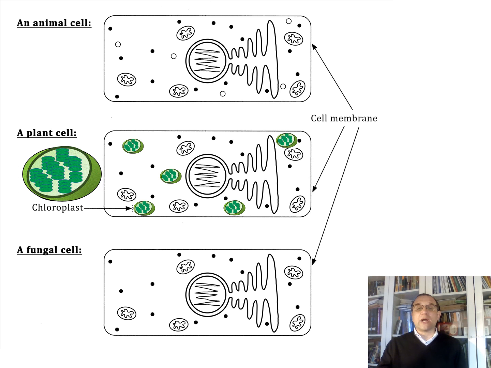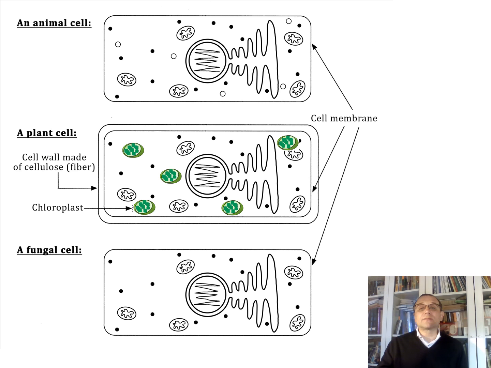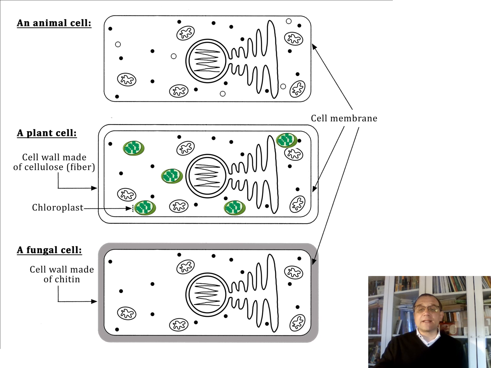Now let's take a look at fungal cells and plant cells. Notice they both have something around their cell. Each cell of plant and fungal cell is surrounded by a structure known as a cell wall. So both plant cells and fungal cells have cell walls.